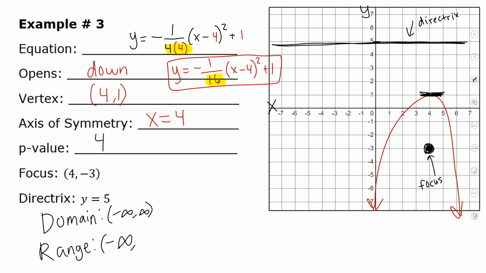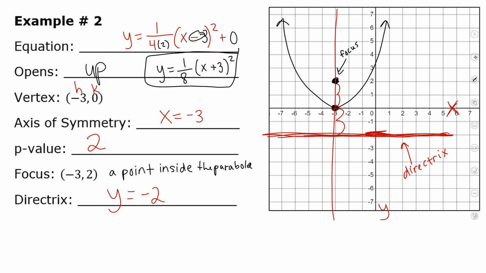So the range is negative infinity up to 1. You can also write it as all of the y values are less than or equal to 1. This whole parabola is below 1. So everything is less than 1. So I put y is less than or equal to 1. That's the domain and the range.